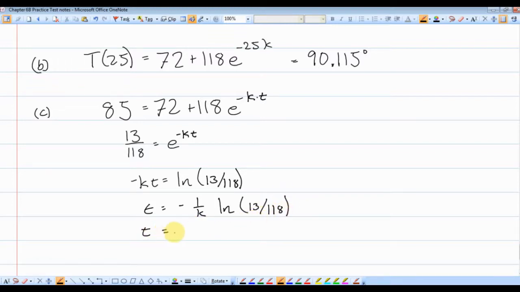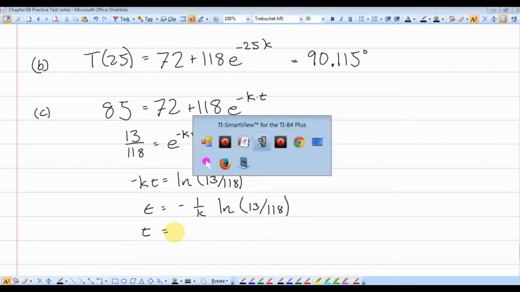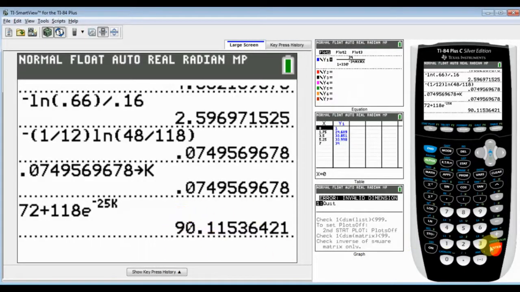Again, T equals negative 1 over K, natural log of 13 over 118.